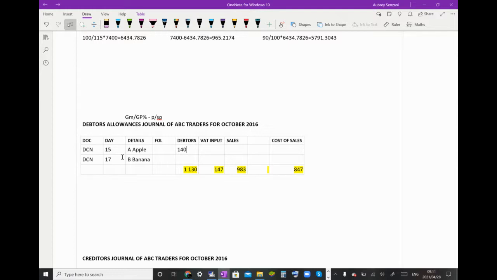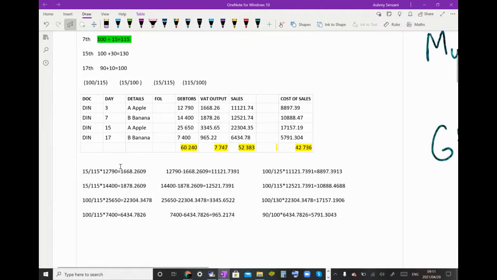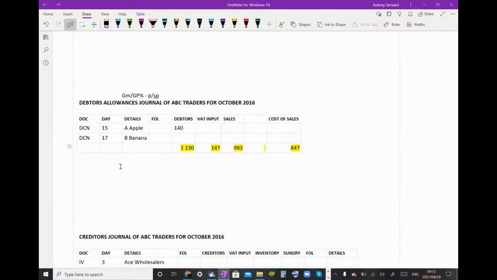Remember when I first recorded the transaction in the debtors journal, right? I said there's output VAT that I owe to SARS on 1,000 Rand. All right. So now this guy comes back to me and says, hey, I'm returning 140 Rand worth of what you sold to me.